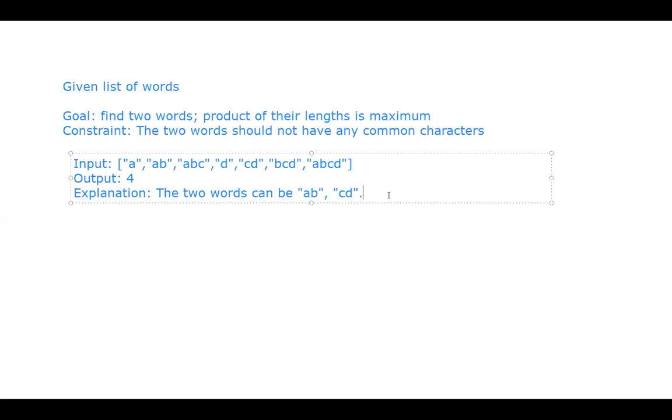Yes. Okay. There was another example where, if your input is something like this, the output will be 0 because they have common characters and no solution is possible. So that's the question. Anyone wants to go for it?